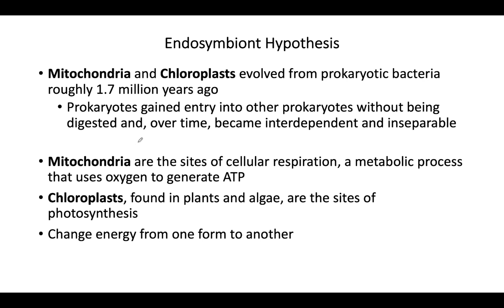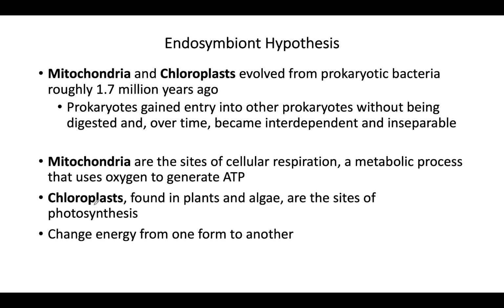Also, the chloroplast was an independent prokaryotic cell, but they entered into other prokaryotes, lived inside, and evolved together. Mitochondria are the site of cellular respiration, a metabolic process that uses oxygen to generate ATP. Chloroplasts, found in plants and algae, are the site of photosynthesis.